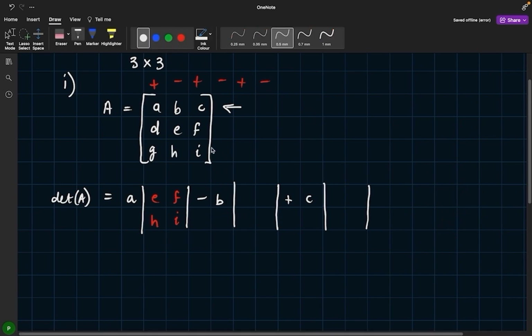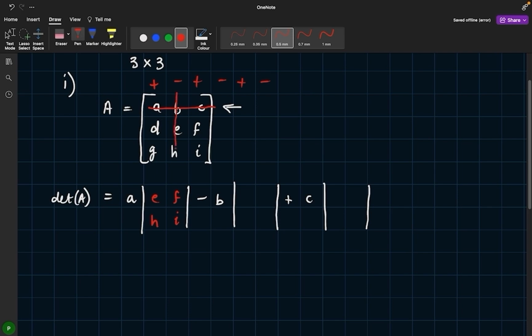Now let's look at B. So what goes in this 2 by 2 matrix? You cancel the first row, and then you cancel the corresponding column. So you have DF and GI. That is what goes in here, DF and GI. And for C, again, cancel the first row, last column, you have DE and GH.